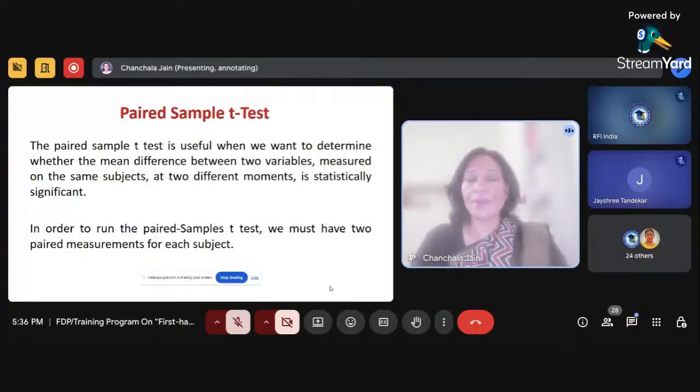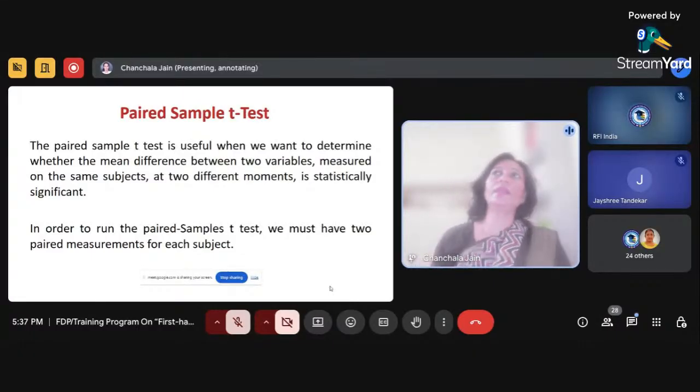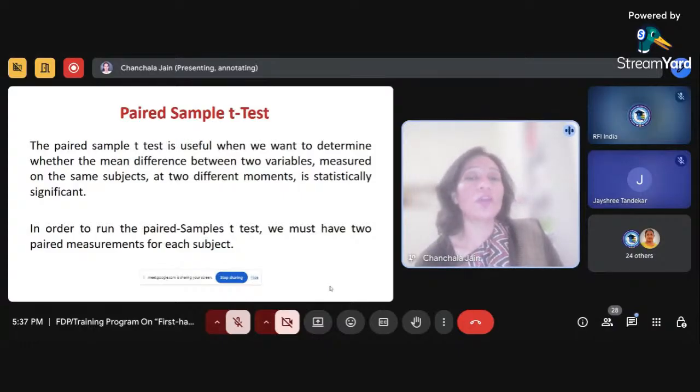So again, I'm repeating, in case of paired samples t-test, we have only one variable and only one sample. But that sample we use two times, meaning the variable we are considering needs to be measured twice for the same sample, right? But there should be some intervention in between.